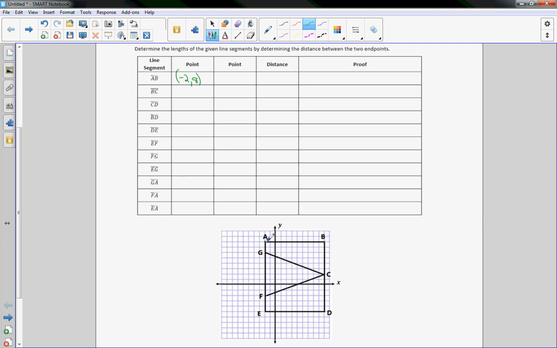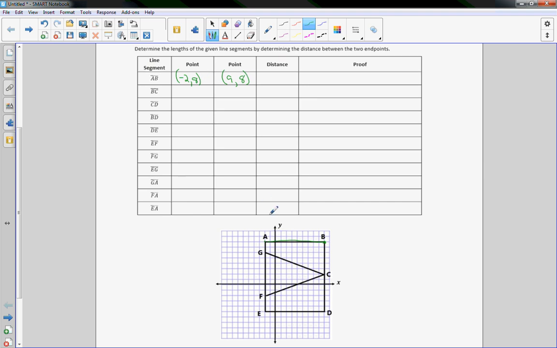So line segment AB is right here. And B is 9 on the x-axis, and 8 on the y-axis. And the distance is how far away the x's and the y's are.